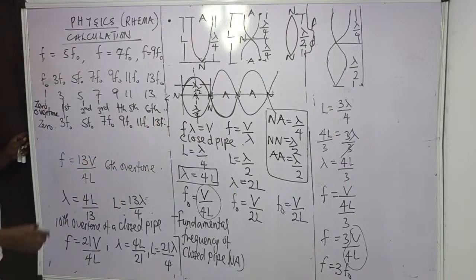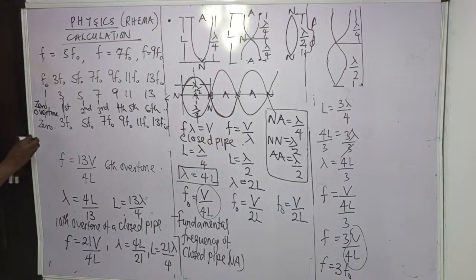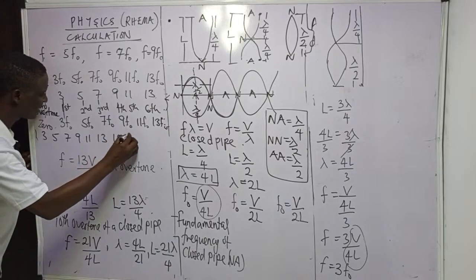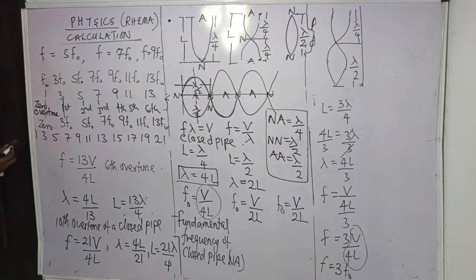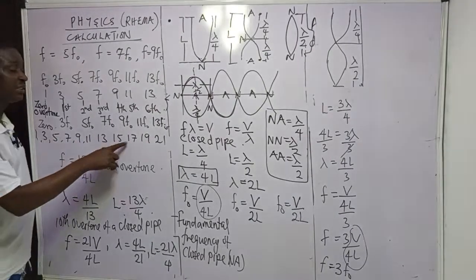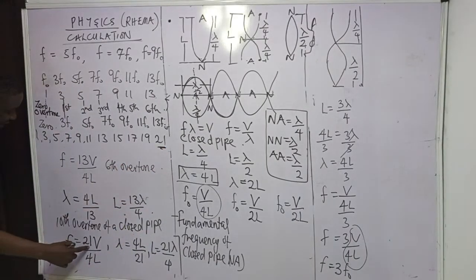So that is 1, 3, 5, 7, 9, 11, 13, 15, 17, 19, 21. I'll stop there. The first, second, third, fourth, fifth, sixth, seventh, eighth, ninth, 10th overtone will carry 21 here. You understand now? 21 here.